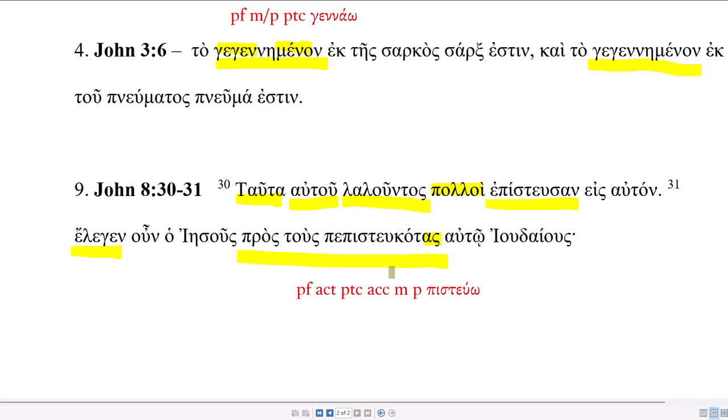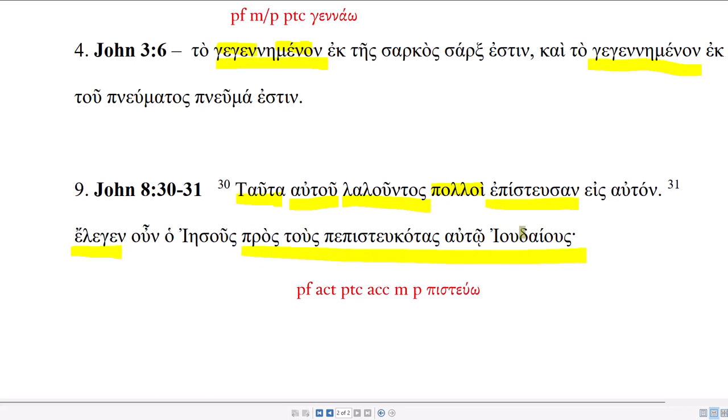and it is part of this extended prepositional phrase from pros all the way through the end here. And so we end up with Ioudaious, which is also accusative masculine plural. And then we have auto, in him. So let's try to put all this together. So we have this extended prepositional phrase here.